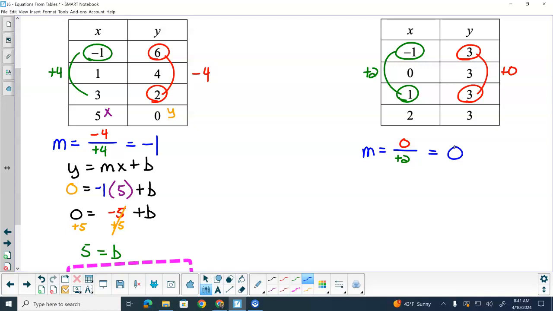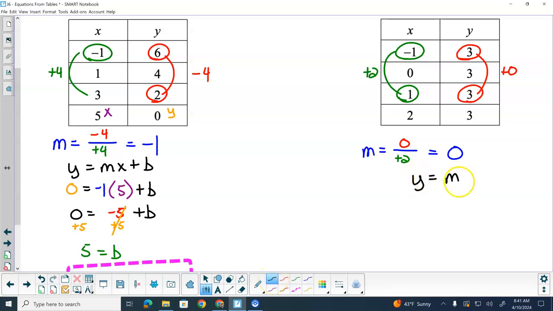What's my answer going to be here? So that means what's my final answer going to be? Y equals, no. Uh-oh, we got to do it the long way then. That's fine. We're okay with that.